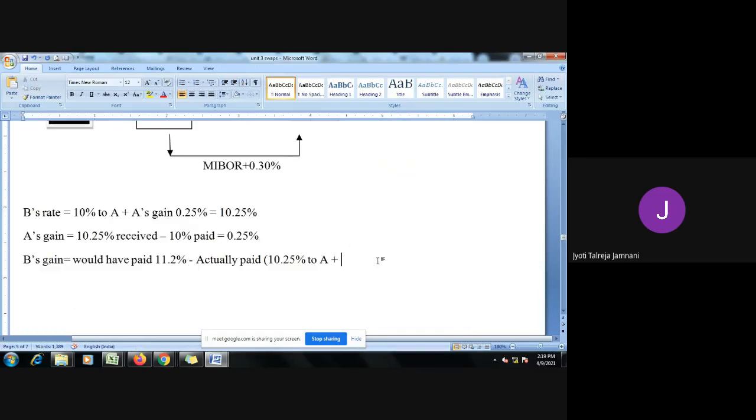So that 0.7% additional also B has borne on its own. So 10.25 plus 0.7 is what B has paid. It's 10.95, whereas actually it would have paid 11.2. So 11.2 minus 10.95, you will get it as 0.25.